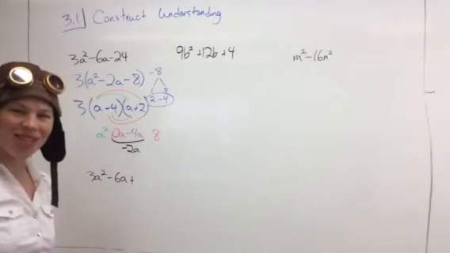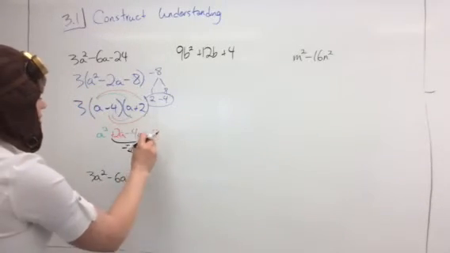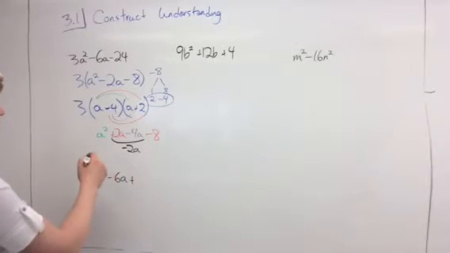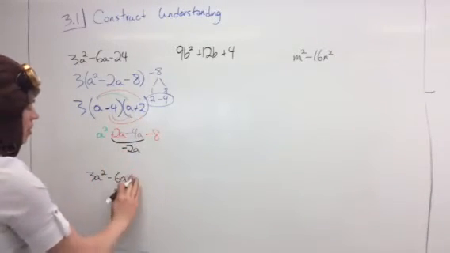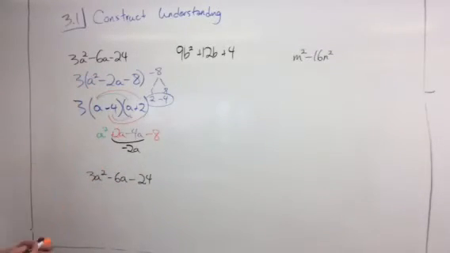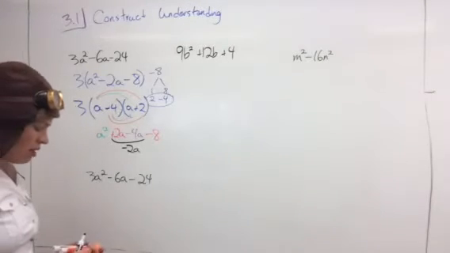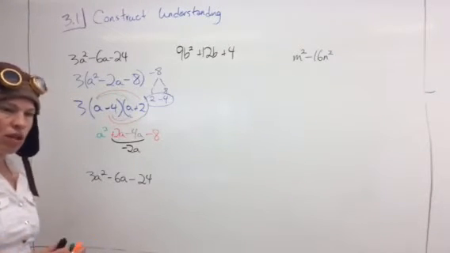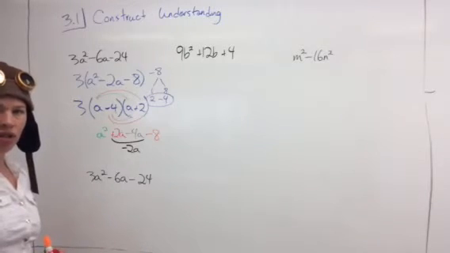See? I caught my mistake because I was looking. So I'm going to go 3 times negative 8 gives me negative 24. I look at this, I look at that, they match, we're good to go. So you can see the value of, every once in a while at least, foiling out your answer to make sure that it goes back to where you started.